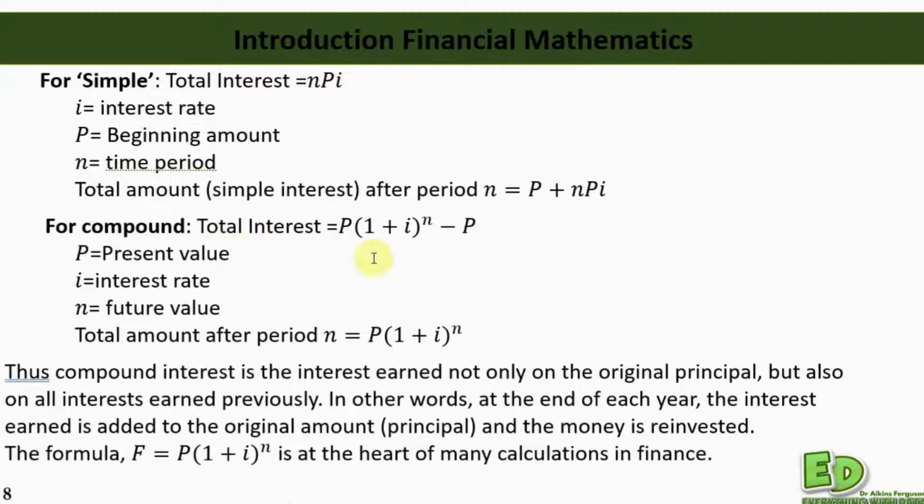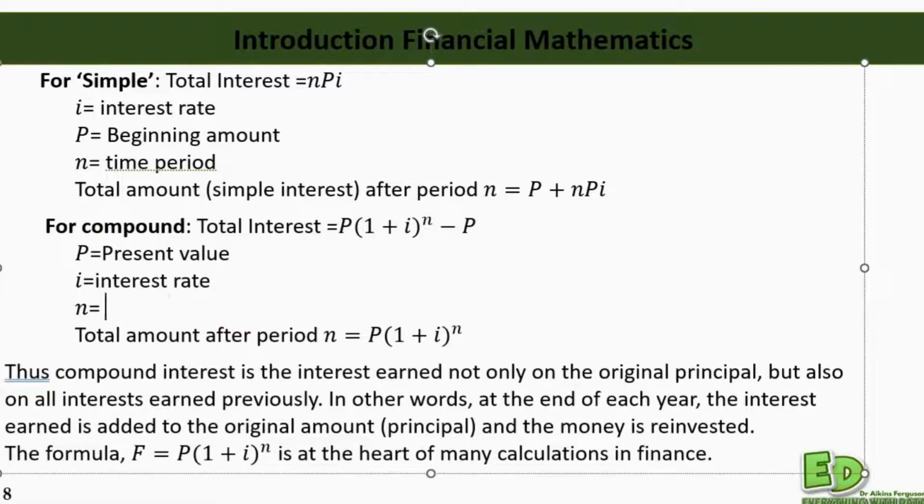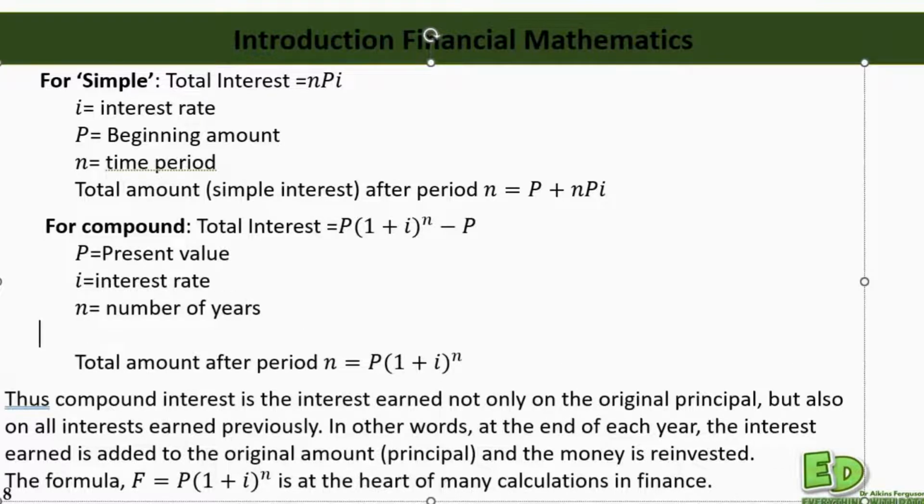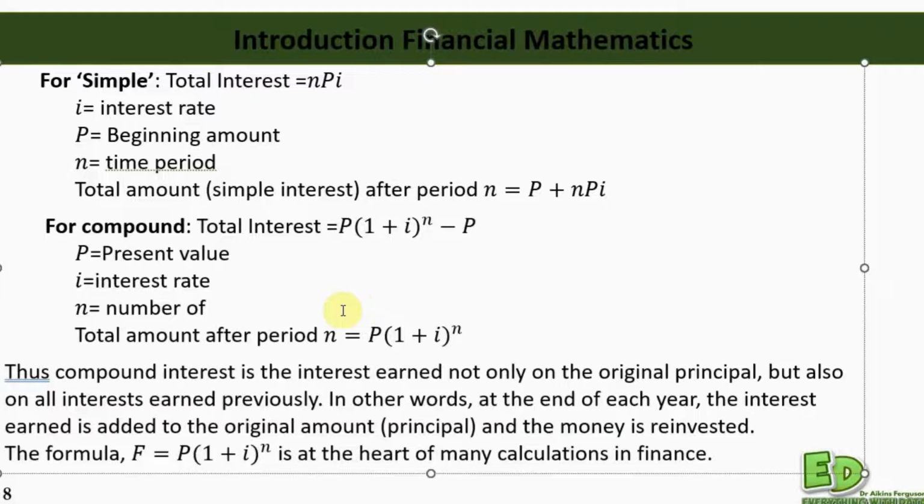So for compound interest, the total interest is the principal into brackets 1 plus I raised to the power n, minus P. P is the present value, I is the interest rate, and N is the number of years, right? Then to get the total amount, at period N, it is the principal into bracket 1 plus I raised to the power N for compound.